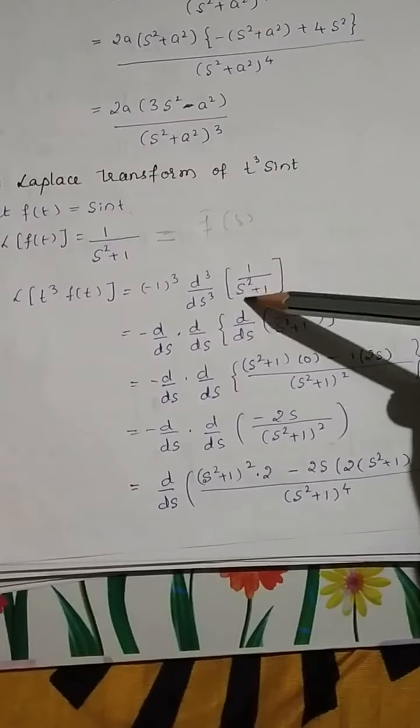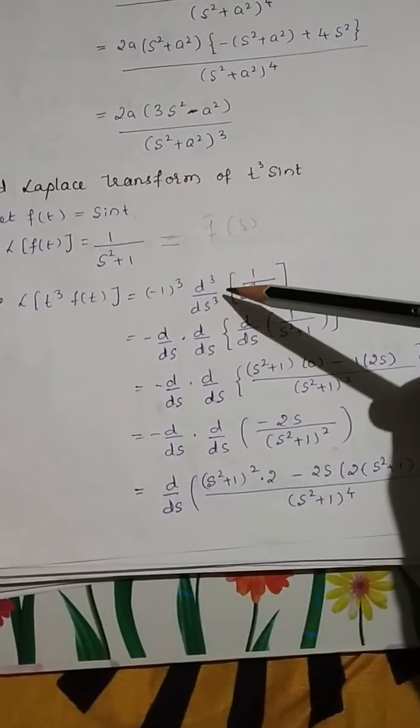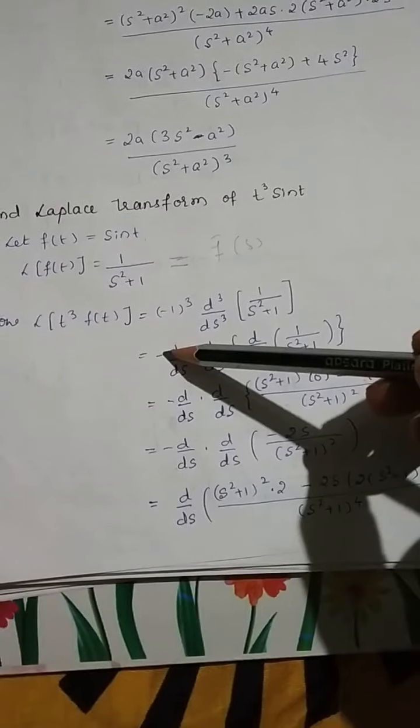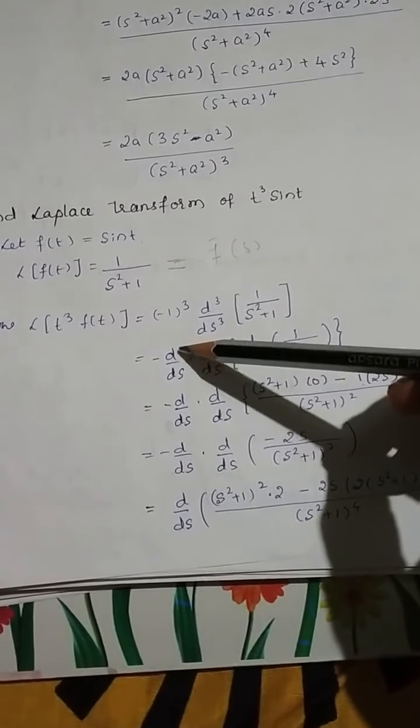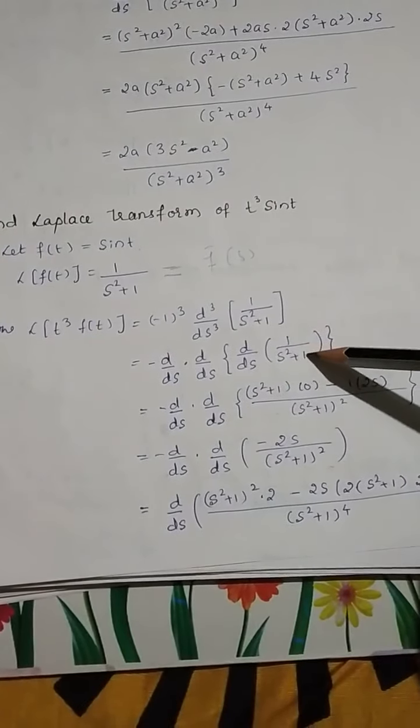Now we need to differentiate 1 upon s square plus 1 three times, up to the third derivative. And minus 1 whole cube, minus 1 raised to 3, is minus only. Next step: minus d by ds into d by ds into d by ds of 1 upon s square plus 1.